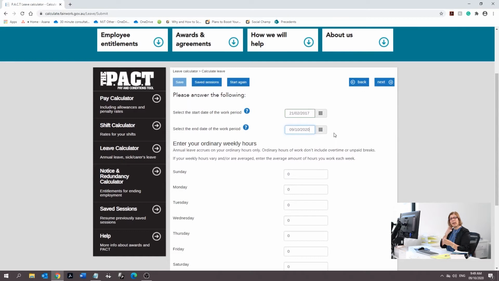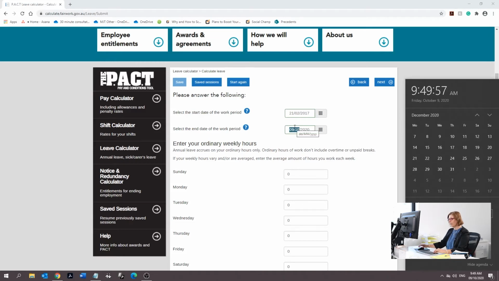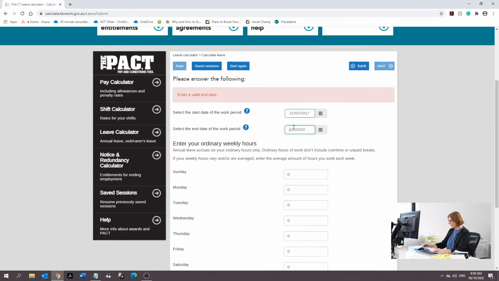So I'm calculating my annual leave as of today. We could calculate annual leave as of, say, the Christmas period. So I can take this off and say, I have to figure out when Christmas actually is. Let's say the 21st of December, because that gives you pretty much the whole week. So that's future you.